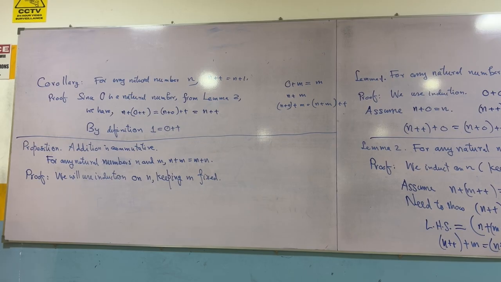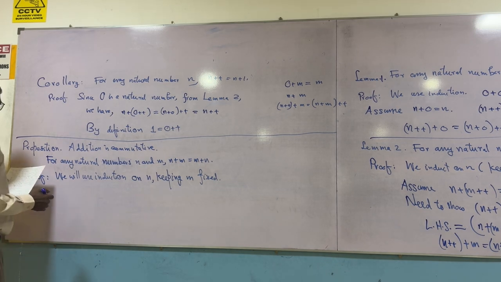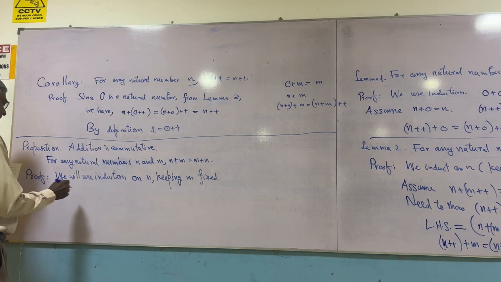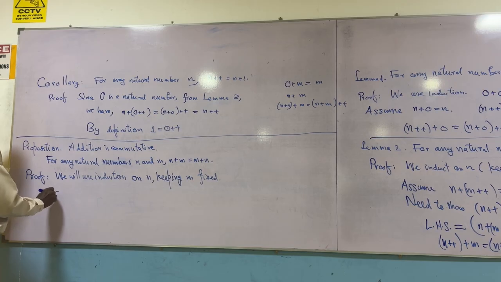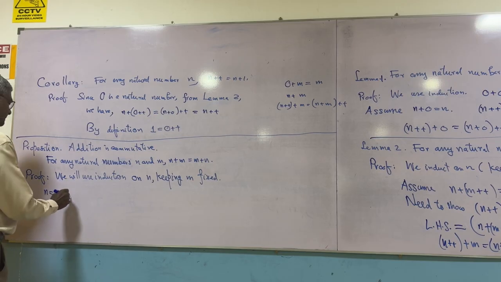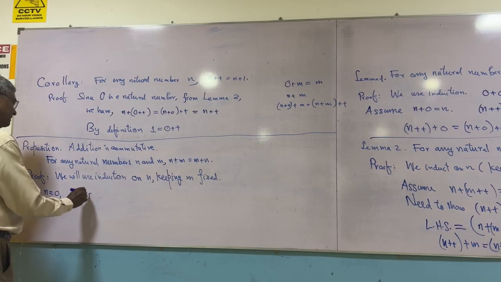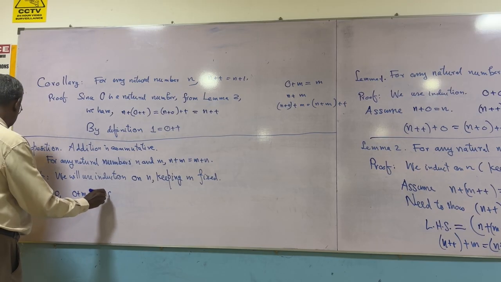Base case: you want to prove it for n equal to 0. We need 0 plus m is equal to m plus 0.